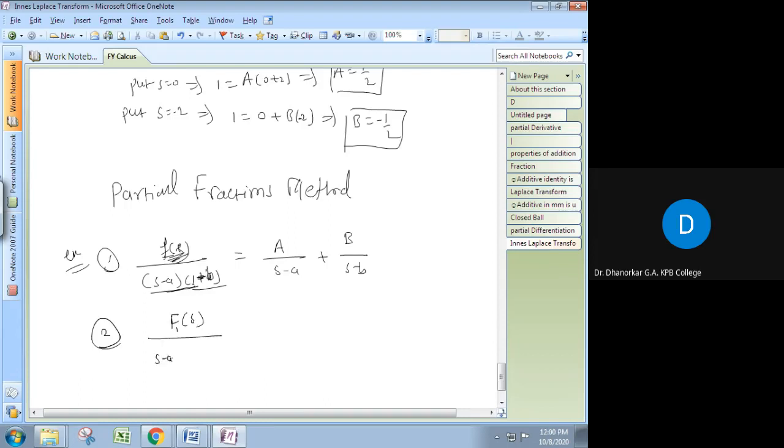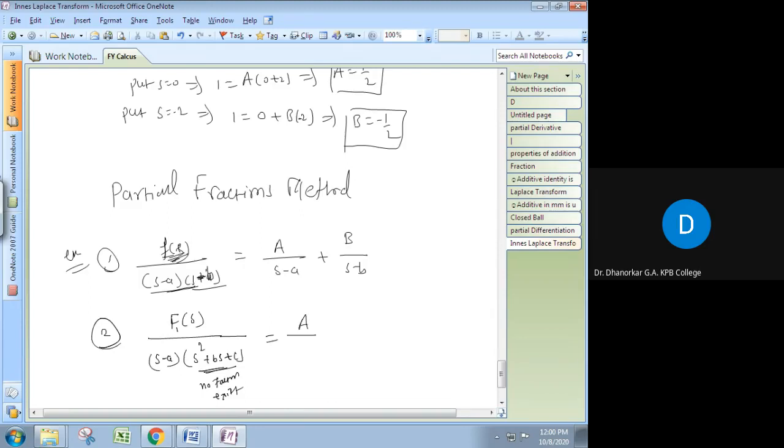The denominator is s minus a, and the term s square plus bs plus c. Suppose it is this way, and we will not find factors for this; no factor exists. Then how do we write the partial fraction?